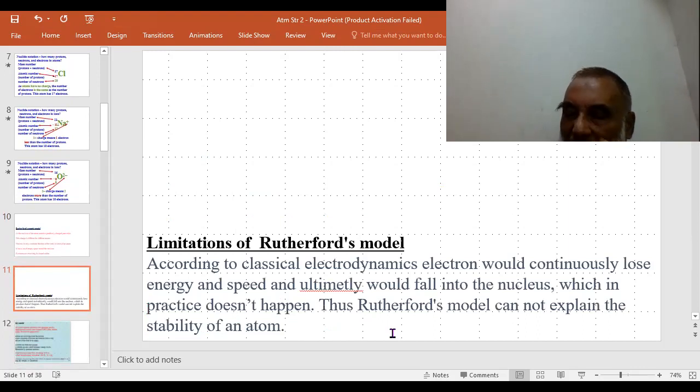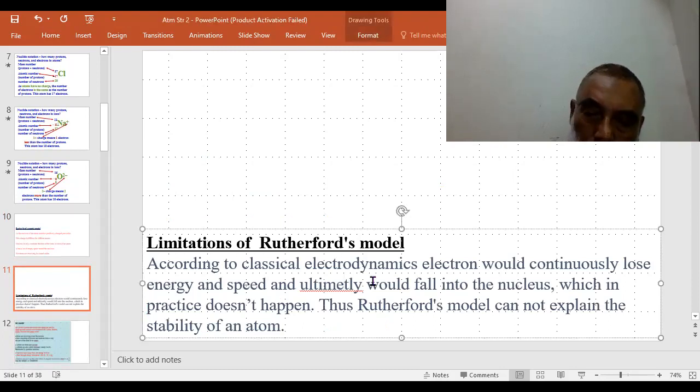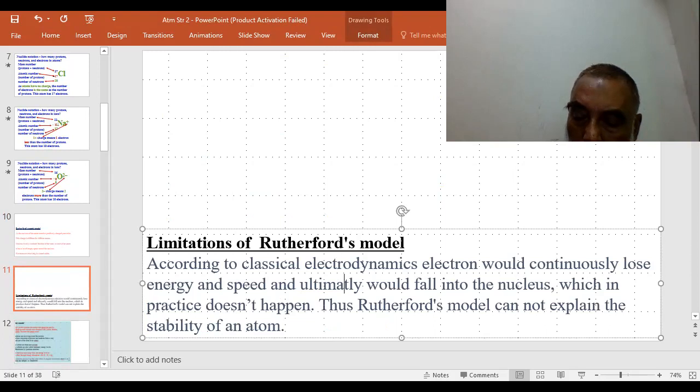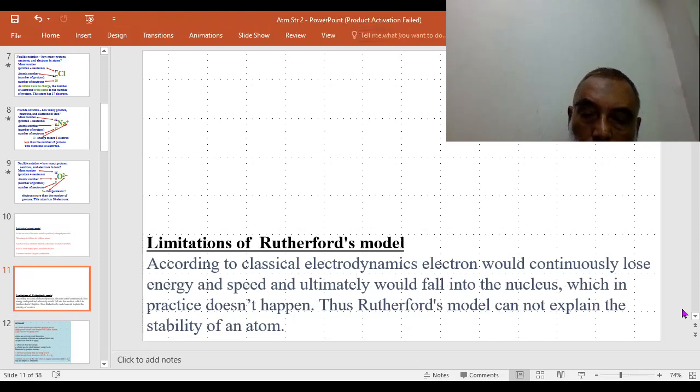Rutherford's model was untenable because the theory of electrodynamics doesn't support that a charged particle rotates around the charged nucleus.